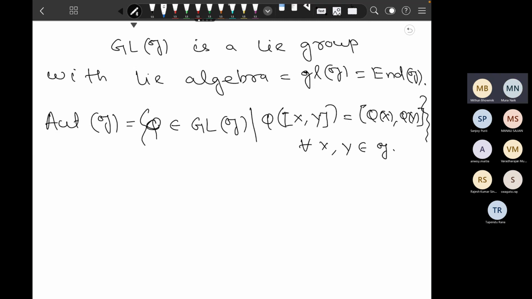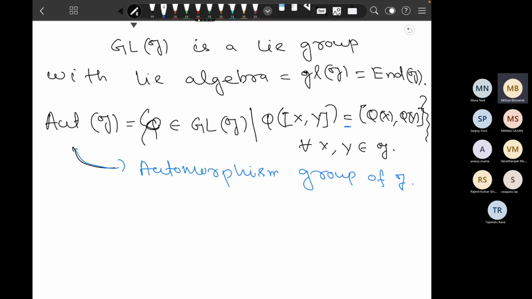And this is a group. Okay, so this is called the automorphism group of g. Okay. Now see, the thing is, this automorphism of g is given by some equations.